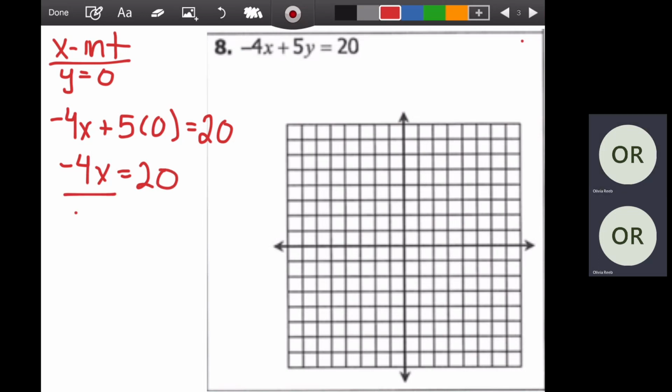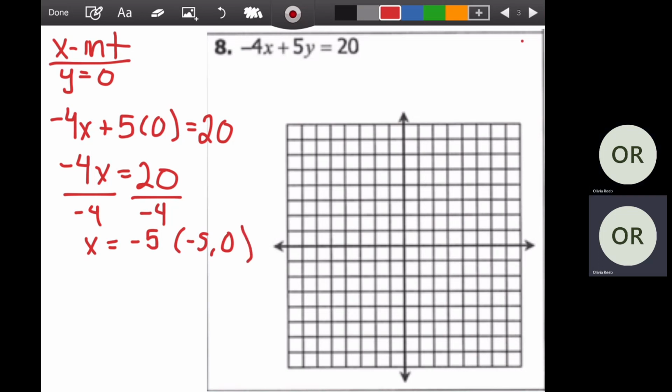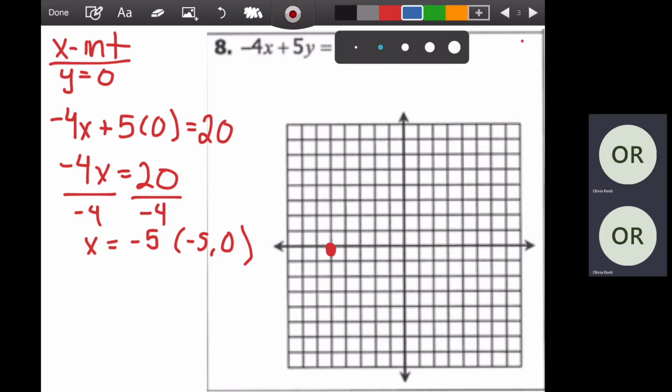To get the x by itself, we divide by negative 4, divide by negative 4, we get x is negative 5. So I'm going to plot the point (-5, 0). 1, 2, 3, 4, 5, right here.